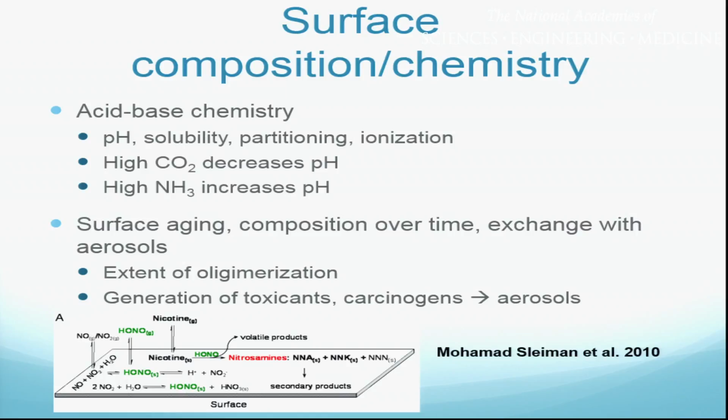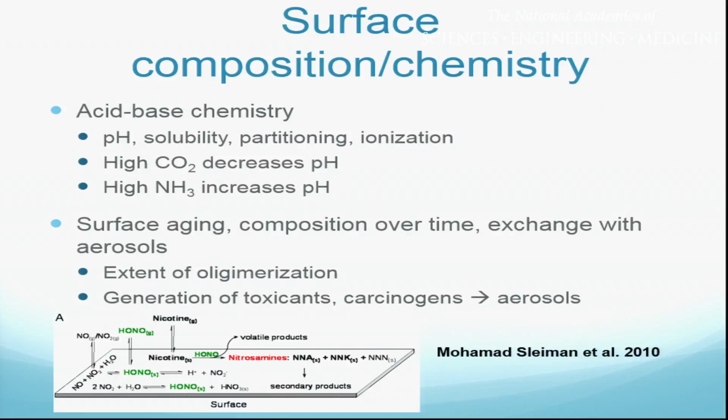CO2 is an acid that can decrease the pH of water films, and the CO2 concentration in here can be much higher than it is outdoors, whereas the ammonia concentration can also be much higher, because of cleaning activities, because of the emissions from dirty diapers and cat boxes. There are plenty of ammonia sources that can increase pH, and that affects the rate of hydrolysis. It affects the rate of many chemical reactions that ultimately can influence aerosol composition and formation.